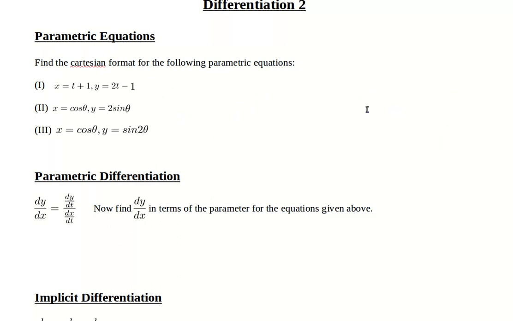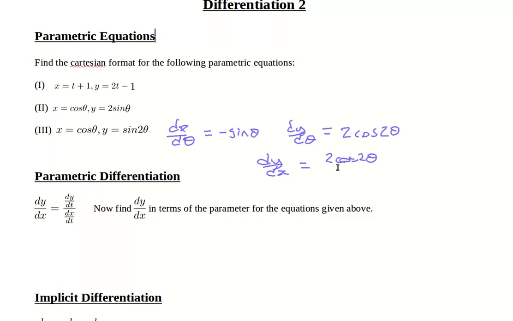This won't be too tricky either because it's pretty straightforward differentiating this. dx by d theta, I don't know why I'm differentiating that first this time, probably because it's on the left hand side and I'm reading from left to right, is still minus sine theta. dy by d theta, well that's 2 cos 2 theta, as the number kind of springs outside when you're differentiating a double or triple angle in sine or cos, and hence dy by dx is 2 cos 2 theta over minus sine theta.